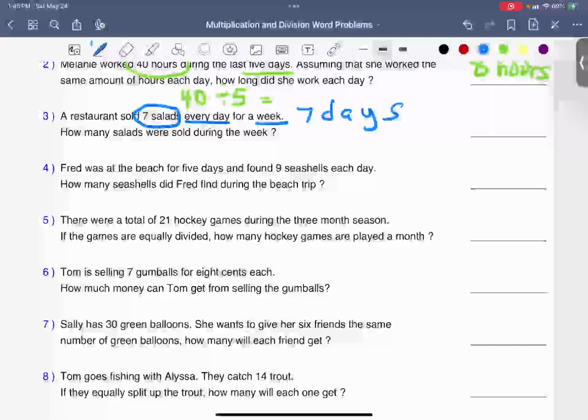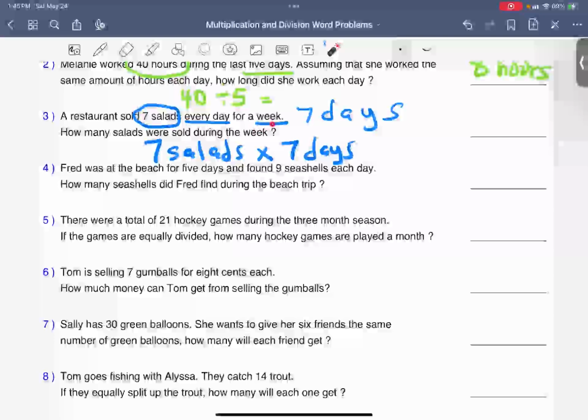One day 7, another day 7, another day 7. So I'm going to be multiplying, because if I'm counting or adding up something, that's telling me I have to multiply. So 7 salads times 7 days, because a week, is equal to 49 salads.